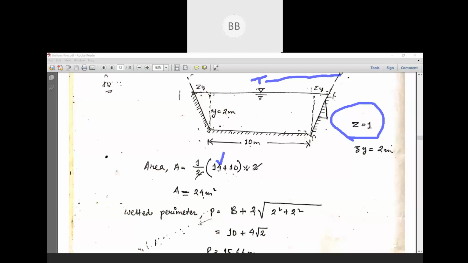So whenever you have a side slope of 1:1, it's very simple to calculate top width. So you can directly substitute 14 meter, plus 10 meter is your bottom width, divided by 2, multiplied by vertical distance, that is again 2 meter. So this 2 will be cancelled out. So area is your 24 meter square.